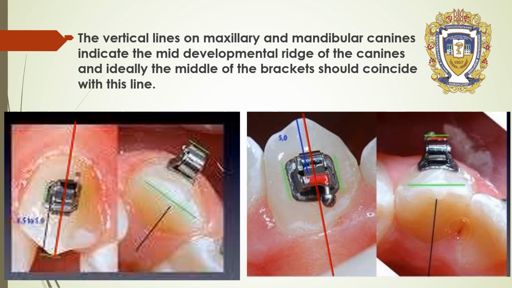The vertical lines on maxillary and mandibular canines indicate the mid-developmental ridge of the canines, and ideally, the middle of the bracket should coincide with this line.